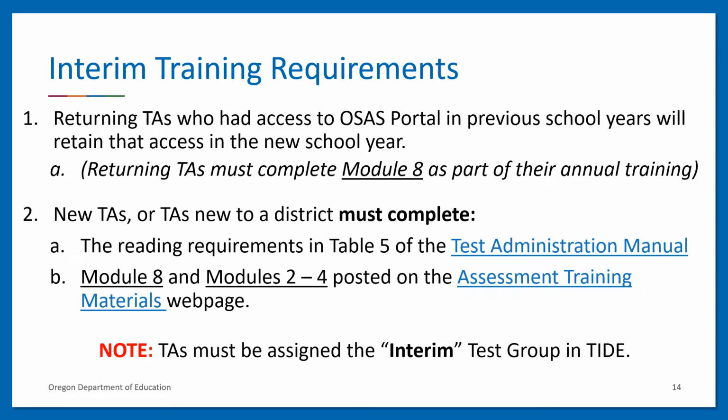However, if an educator did not have a TA user account from a prior instructional year, or if the educator has transitioned to a new district which is different from last year, they must complete the reading requirements in Table 5 of the Test Administration Manual. And in addition to completing this Module 8, they must also complete training modules 2, 3, and 4 located in the Assessment Training Materials webpage.